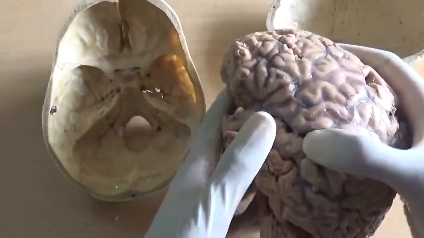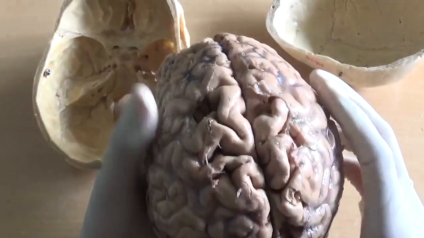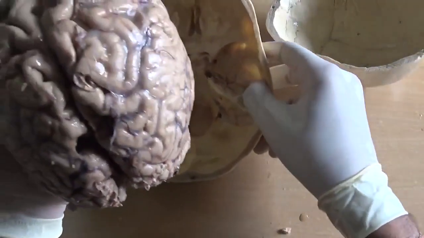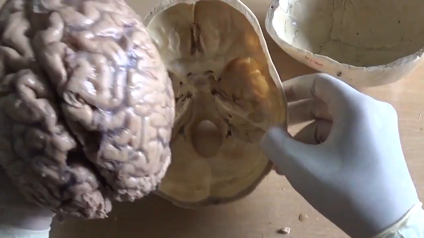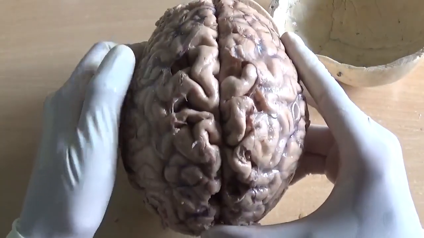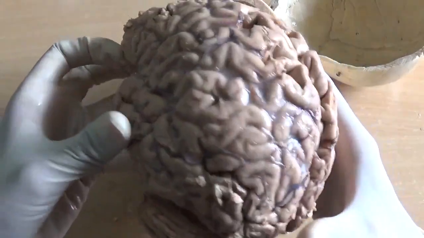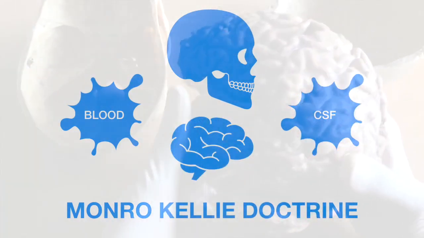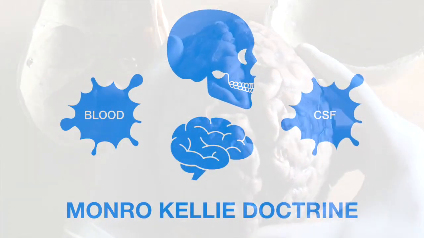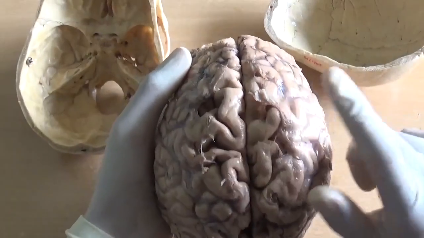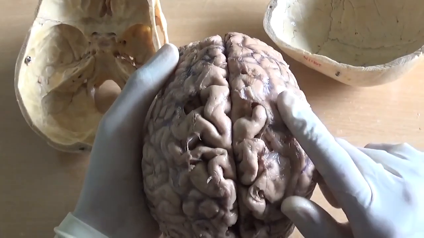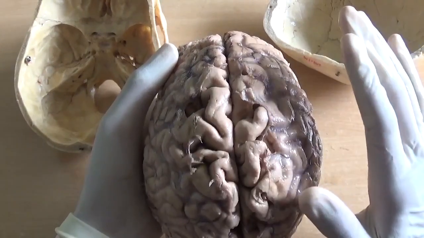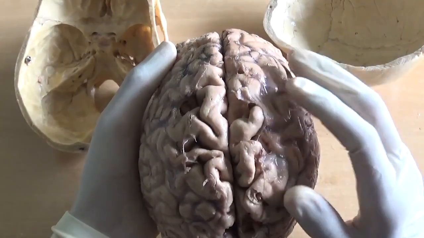So this is the brain, and as you have seen just now, there is hardly any space left once we put it inside. So according to the Monro-Kelly doctrine, three tissues are lying within the brain box, that is brain, blood and CSF. Now there is hardly any dead space for any of the three to expand.